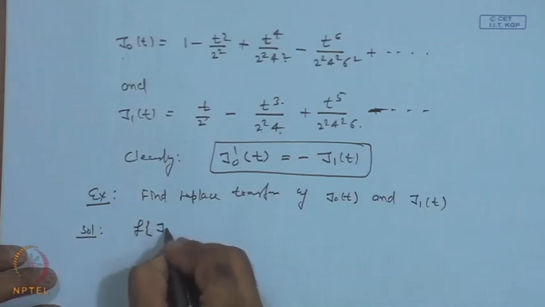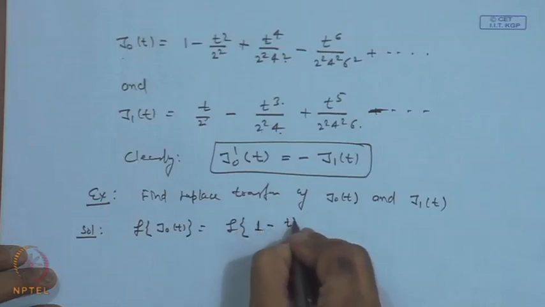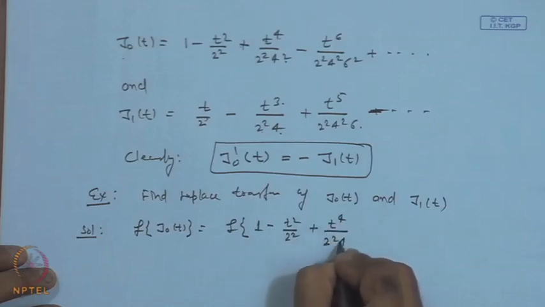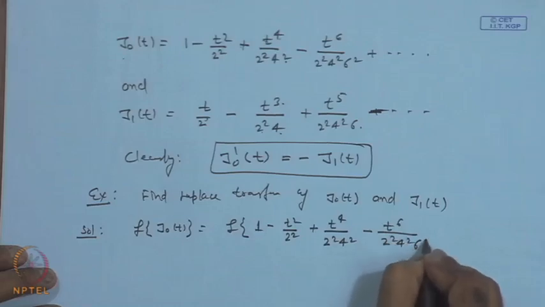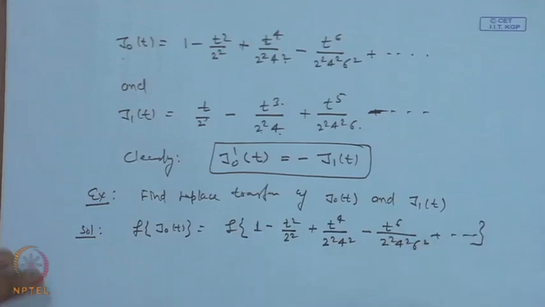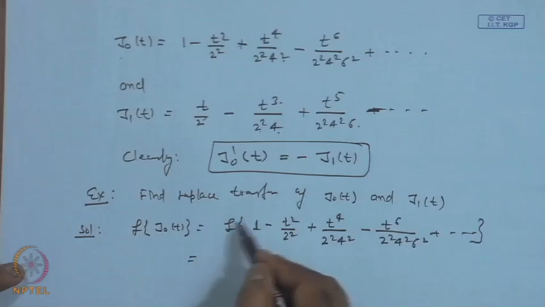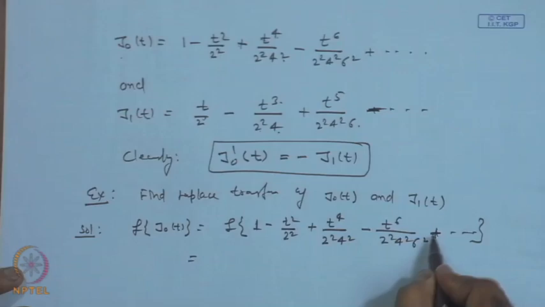So, Laplace transform of J_0(t), we have the Laplace transform of 1 minus t square over 2 square plus t to the 4 over 2 square 4 square minus t to the 6 over 2 square 4 square 6 square and so on. So, we can take this Laplace term by term as long as this series is convergent and the series after taking the Laplace is convergent, and we will see in this case that series is convergent. So, it is safe to take this Laplace term by term in the case of this series.